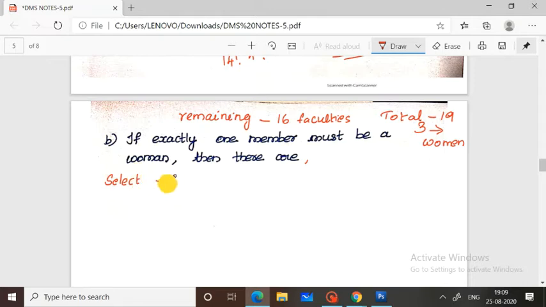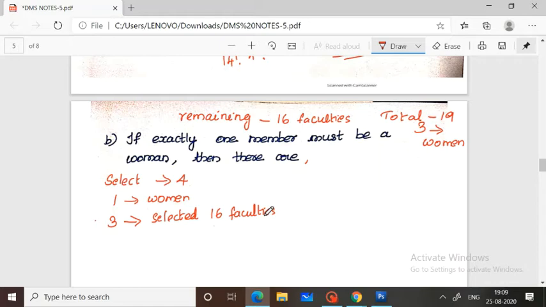Select 4 ആണ് ക്വസ്റ്റ്യൻ. അതിൽ 1 should be women and remaining എത്ര പേരാണ് വേണ്ടത്? Remaining 3 should be selected from the 16 faculties.